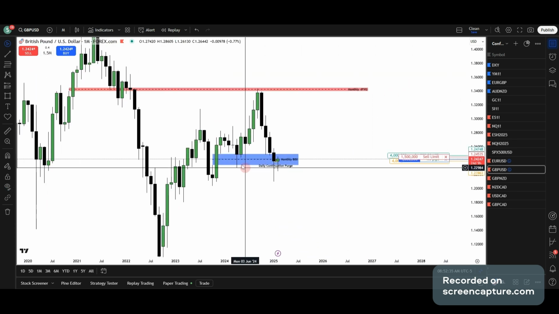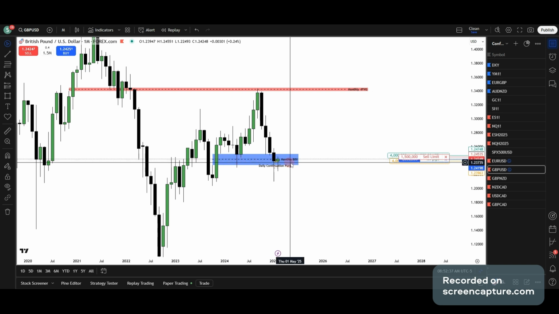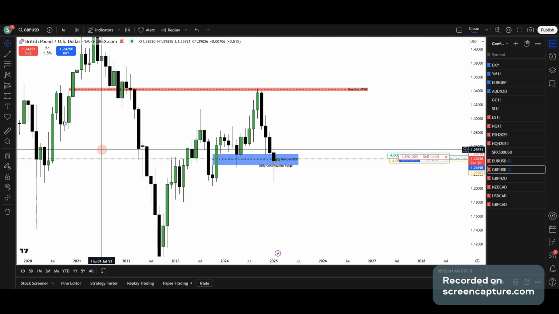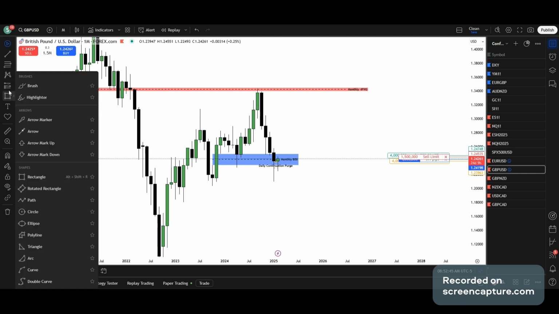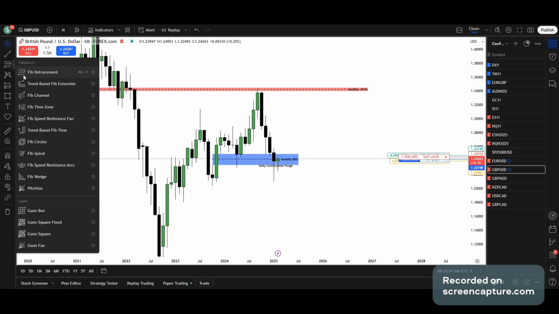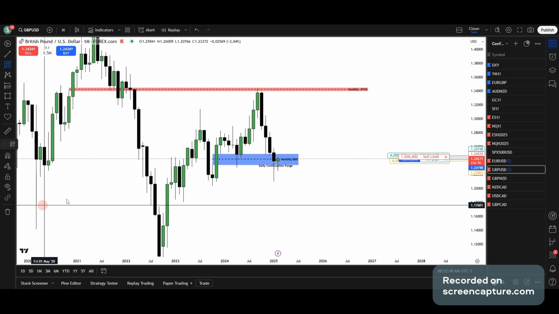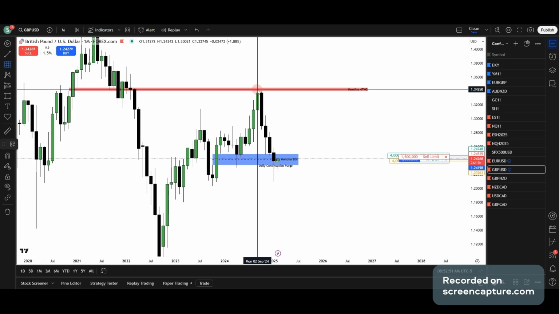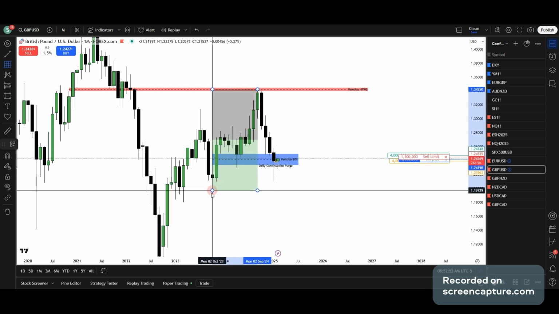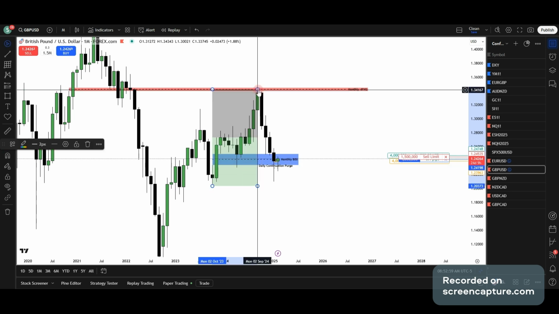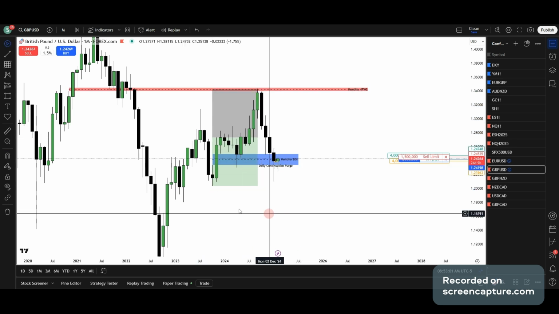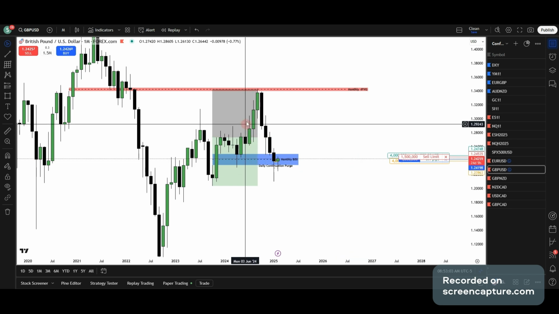So I'll put that drawing up here now. That big blue rectangle is our monthly buy side imbalance, sell side inefficiency. And I'll draw out our dealing range here as well using the Gann box. Like so.